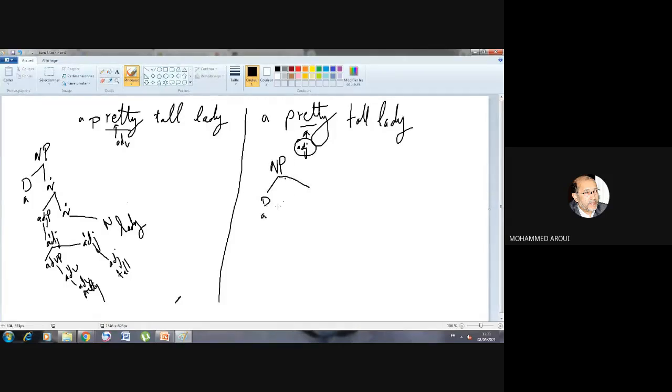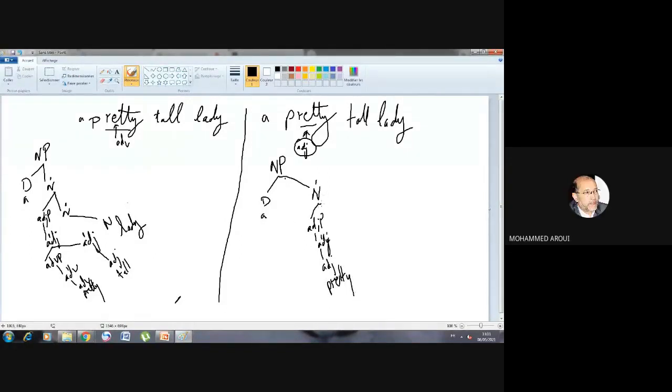Determiner, and N bar. From N bar we put a branch on the left, adjective phrase. On the other side, N bar, adjective phrase, adjective bar, adjective, pretty.